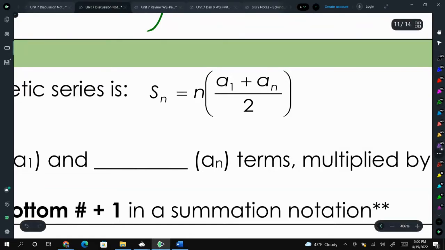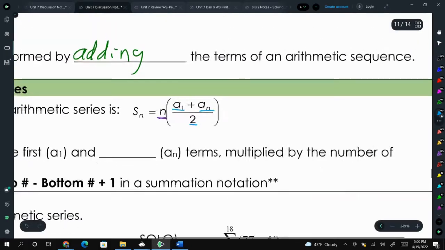So the sum of the n terms you're adding up is going to be n times a sub 1 plus a sub n divided by 2. We type that in the calculator and we will get our sum.